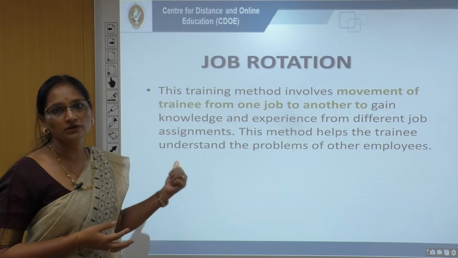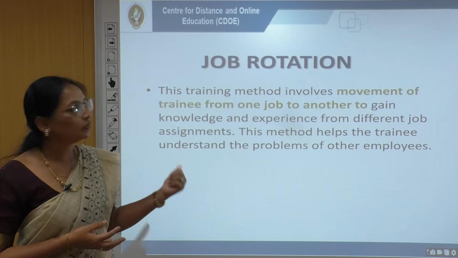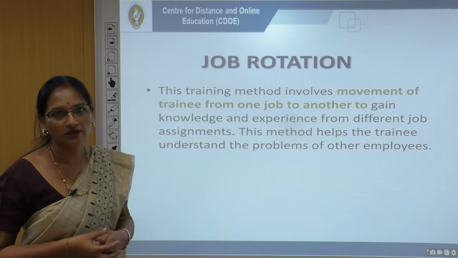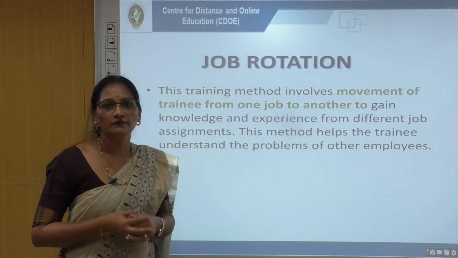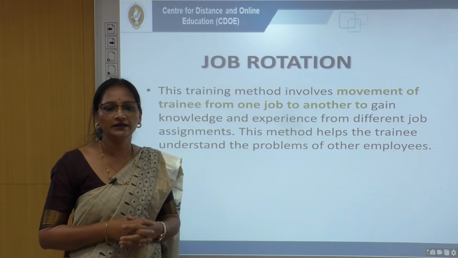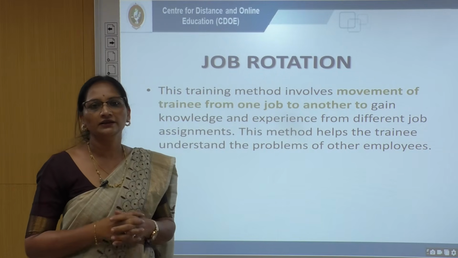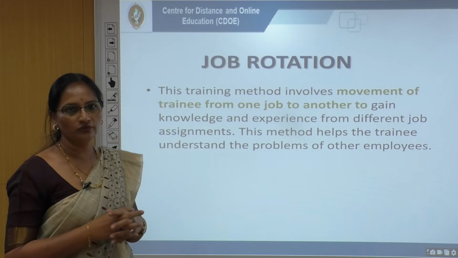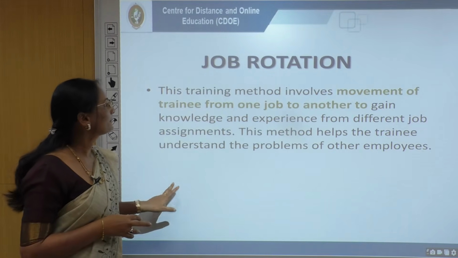This method can be used when rotating employees from one position to another. Based on the next position he is going to, whatever skills, training and experience are required can be guided to that employee properly.